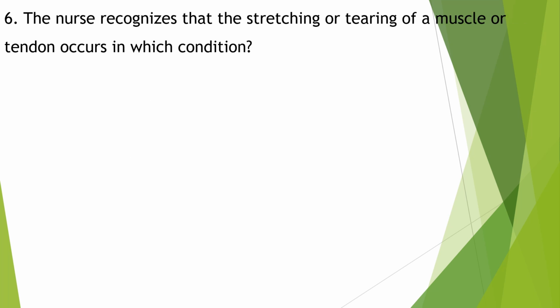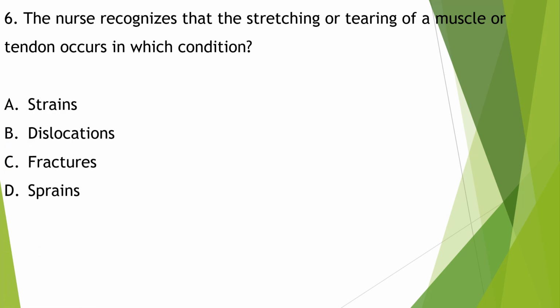The nurse recognizes that the stretching or tearing of a muscle or tendon occurs in which condition? Strains, dislocations, fractures, sprains. A strain is a stretch or tear affecting the muscle itself or a tendon. Tendon is the tissue that connects the muscles to the bones.